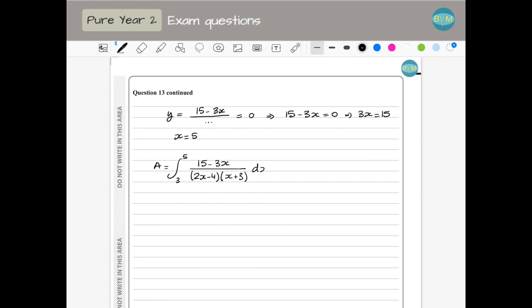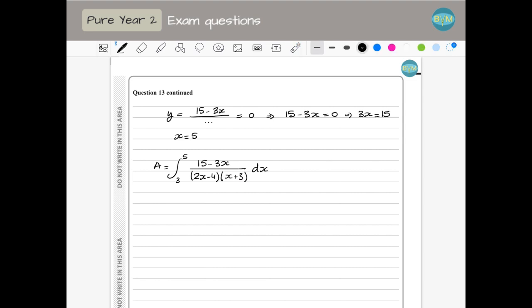That's the thing that I have to integrate. I have a product of two binomials in the denominator, so this function is going to be very easy to integrate if we write it in partial fractions.